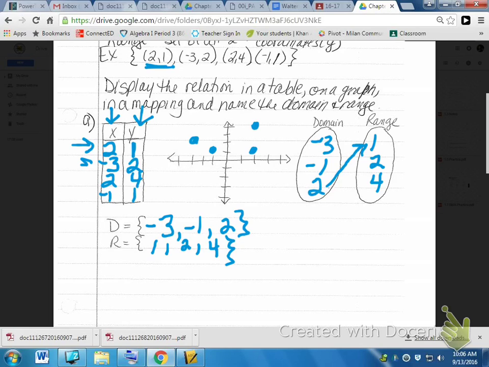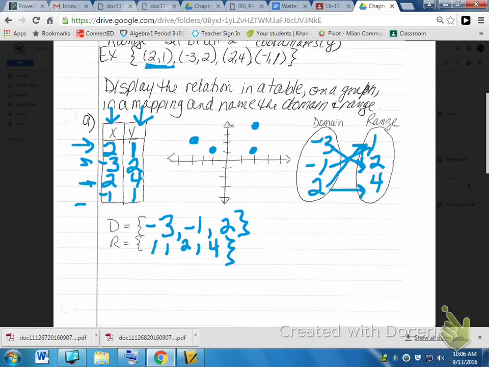So from -3, I draw an arrow down to 2. 2, 4. So from 2, I draw an arrow over to 4. And -1, 1. I draw an arrow from -1 to +1. That is a mapping.